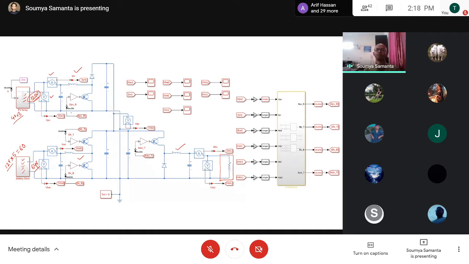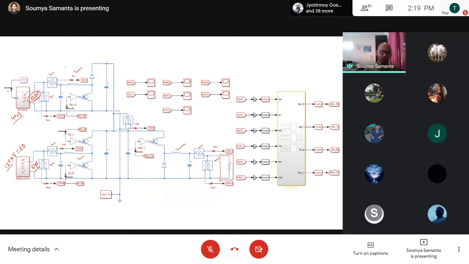Whatever the voltmeter and ammeter you have used, their purpose is exactly similar. Similarly, here also to measure the battery voltage and how much current is flowing from the battery, that is sensed by a voltage sensor and current sensor. You will see all these things practically later on. Okay. Similarly, how much load it is taking, there's a voltage sensor and current sensor for the load also.